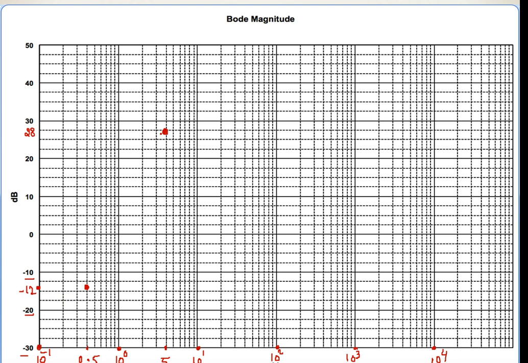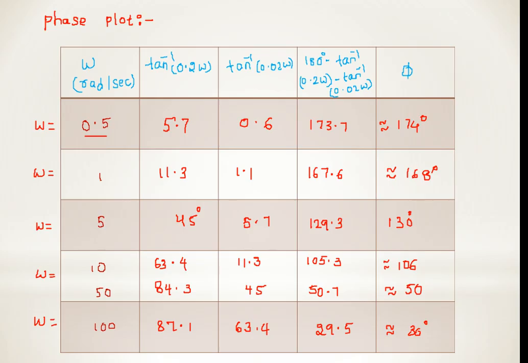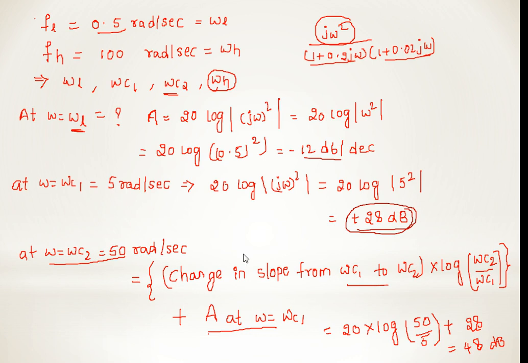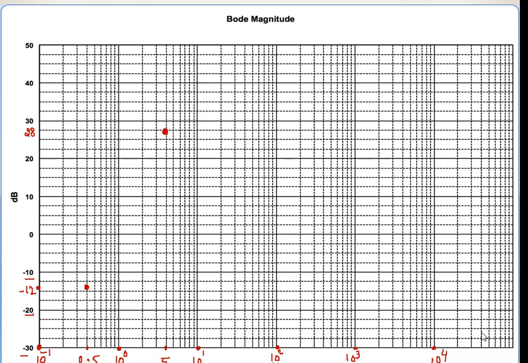Similarly, when omega equal to 50, what is the magnitude? Go back. When omega equal to 50, the magnitude is 48 decibels. So when omega equal to 50, this is 10 power 1, this is 10 power 2, so somewhere here you are getting the 50.